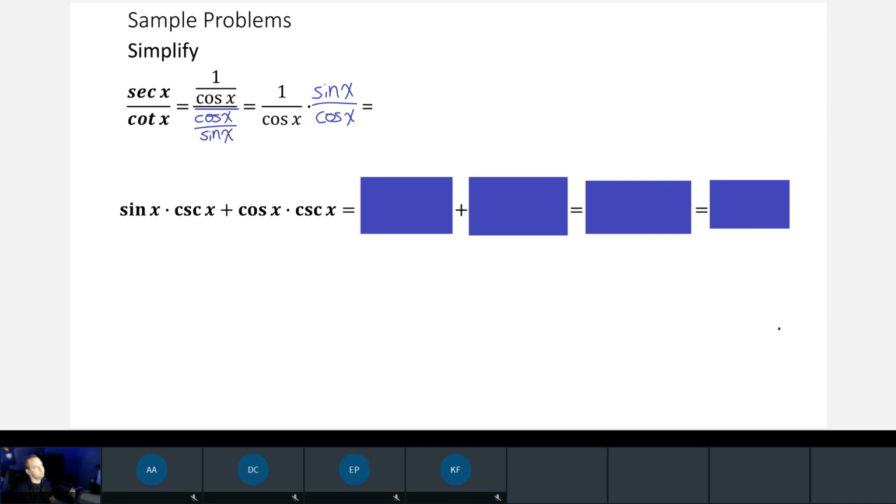And then, let me check out the identity sheet again to see if there's another way to write cosine squared. Nope. I could write cosine squared as 1 minus sine squared, but I won't do that.